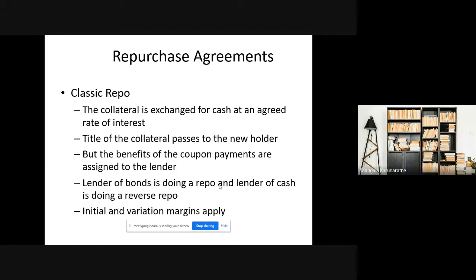So when we accept cash and give securities to a customer, we do the repo, right?